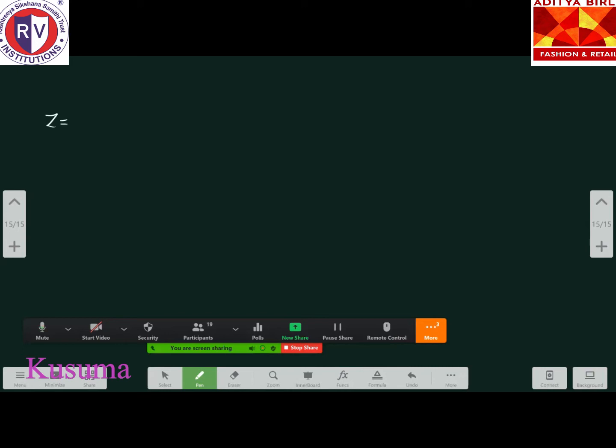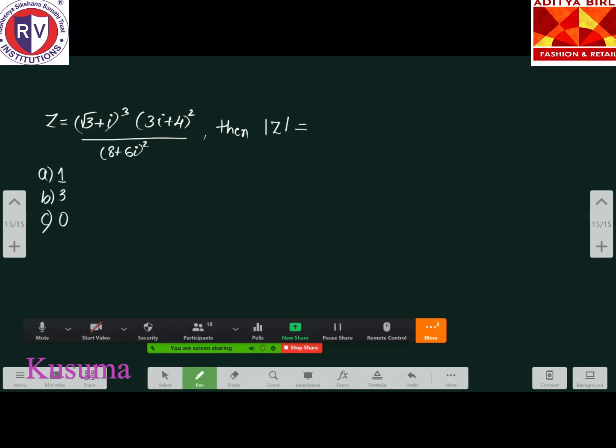If z equals root 3 plus i whole cube into 3i plus 4 whole square divided by 8 plus 6i whole square, then mod z is equal to option A 1, option B 3, option C is 0, and option D is 2.